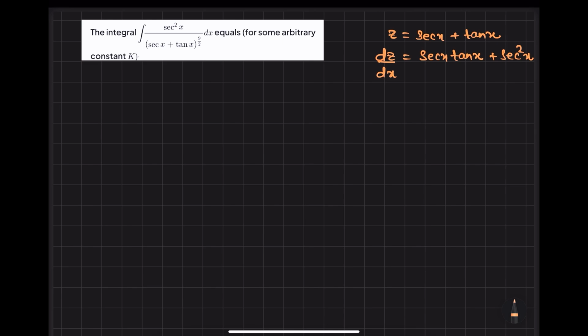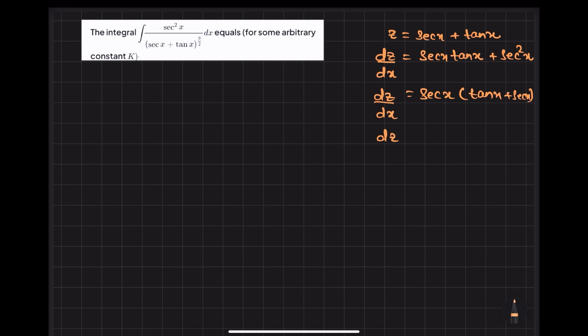Okay, now look at this. We have sec x + tan x. So I'll simplify this, I'll take sec x common: sec x (tan x + sec x). Okay, so this is dz by dx.